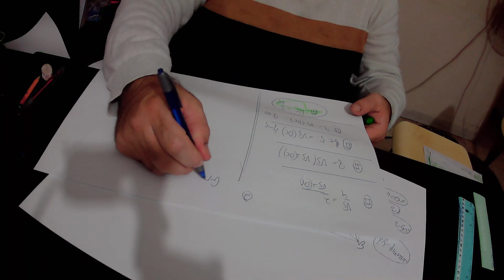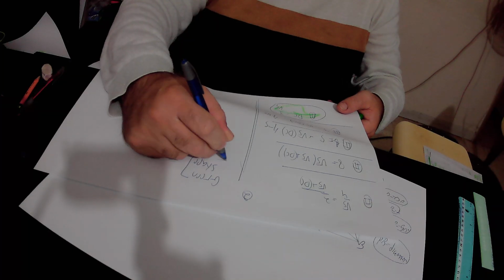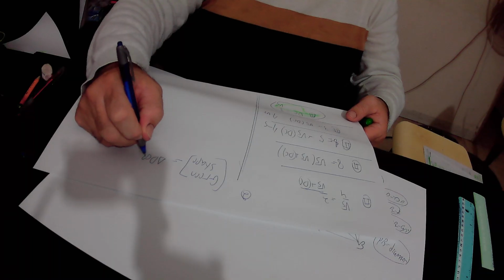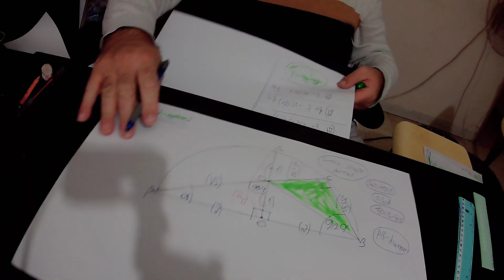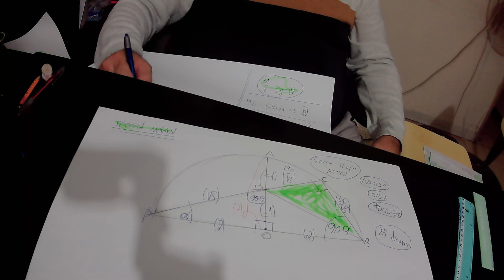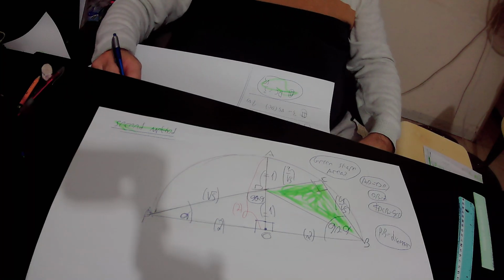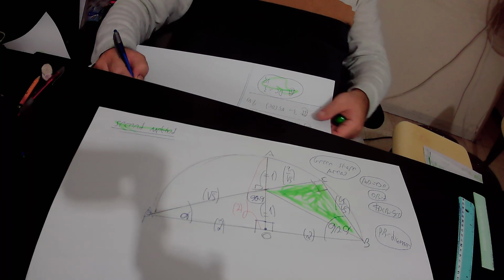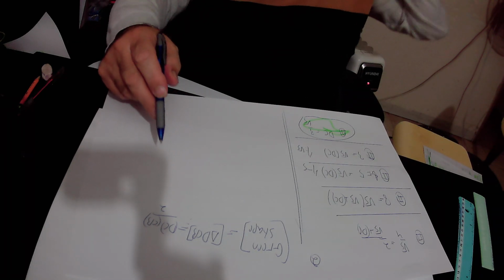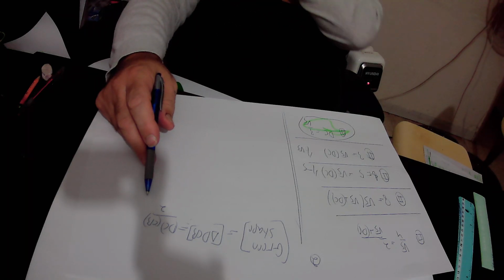The area of the green right triangle DCB equals the base DC times the height to the base, that is CB, over 2.